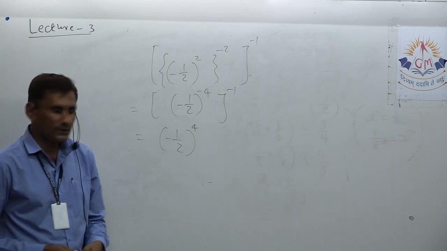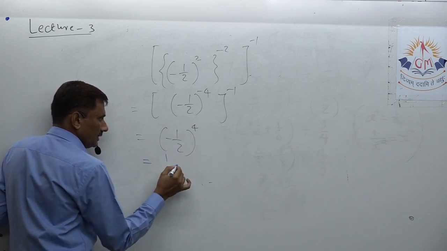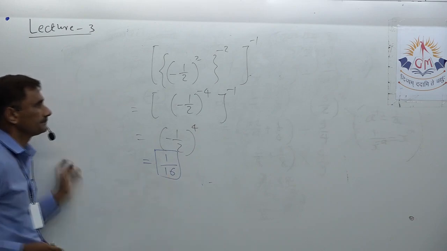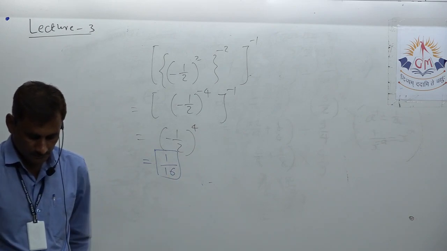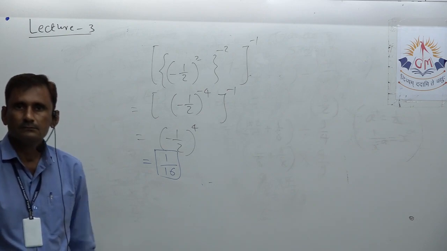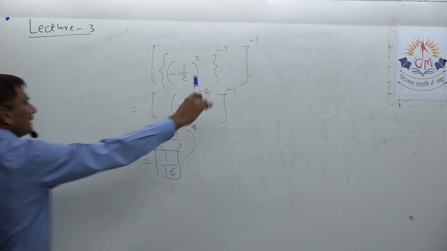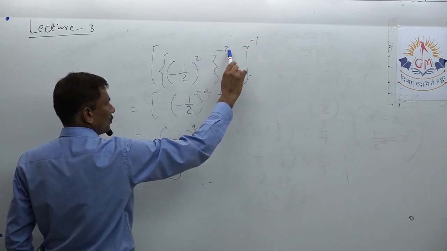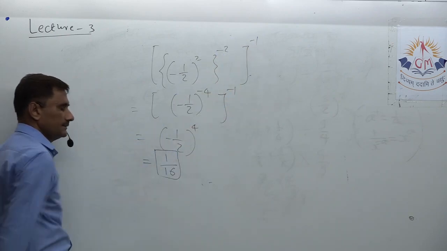So they want here value. So obviously minus 1 raised to 4 is 1 and 2 raised to 4 is 16. So that is our answer. Okay, you can directly multiply all of 3 numbers also. 2 2s are 4, 4 1s are 4, but minus minus plus, so directly you can come here.